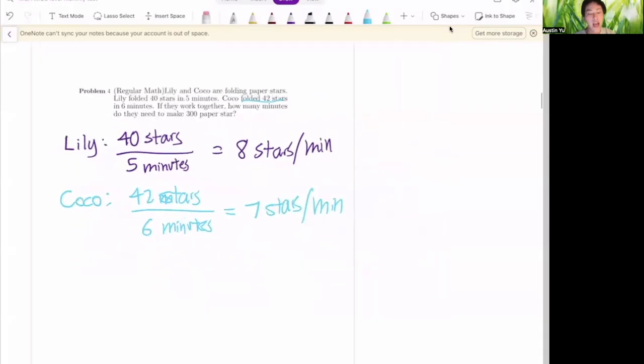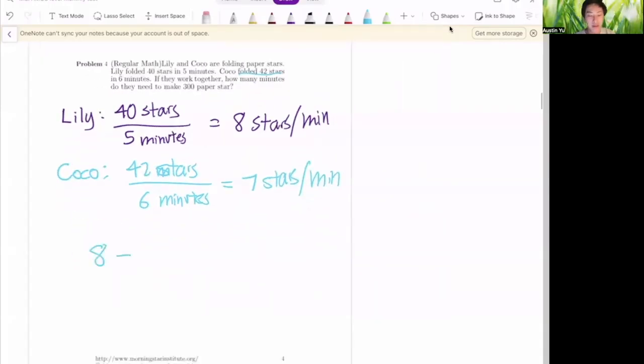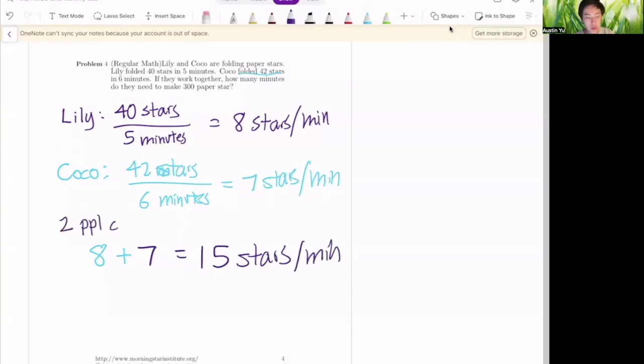Now we add these two together. 8 plus 7 equals 15 stars a minute. Two people combined. So let's just make sure that we note this as two people combined, right? Because 8 stars a minute by Lily and 7 stars a minute by Coco. 8 plus 7, 15 stars a minute.